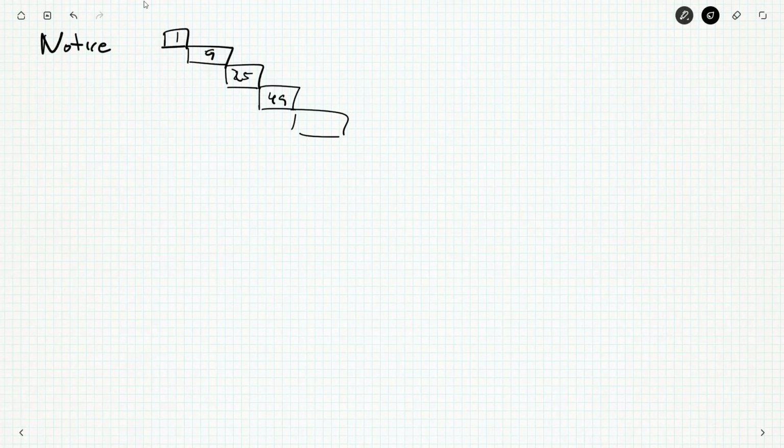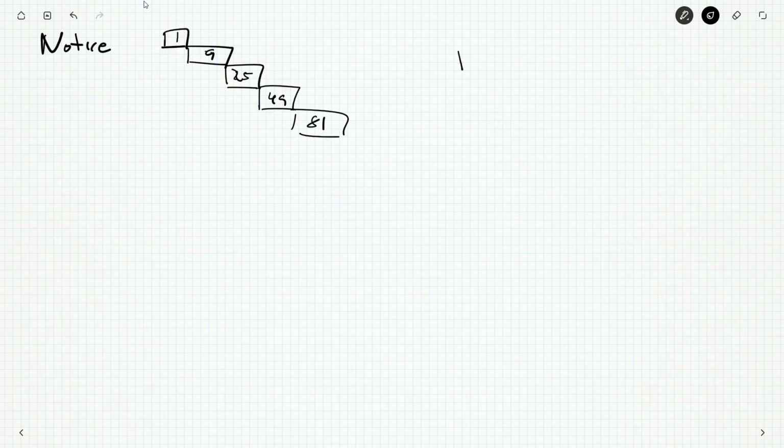So we can notice things like our odd squares. Oop, not 5. 5's not a square. 9 here, 25, and 49 and so on. If you wanted to predict that, you could write out a few more and double check. Yeah, 49 is going to appear there. What's next? 81 and so on.